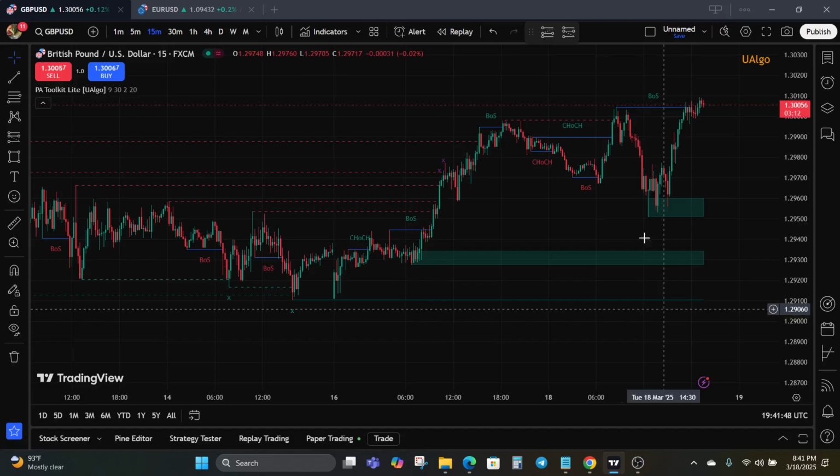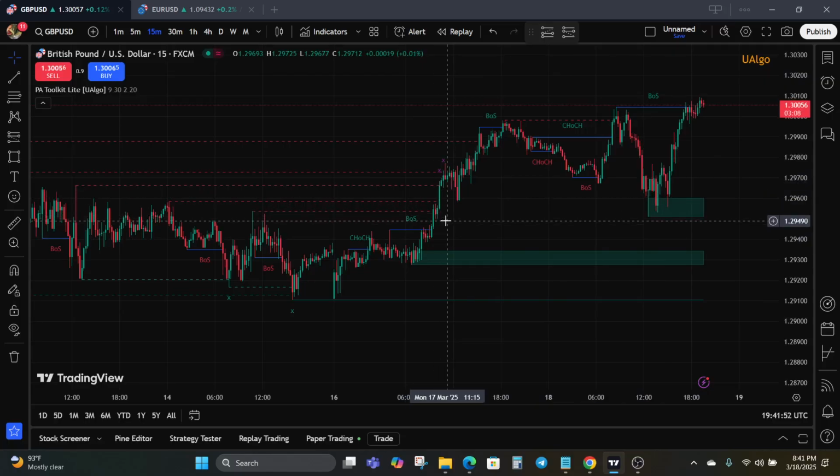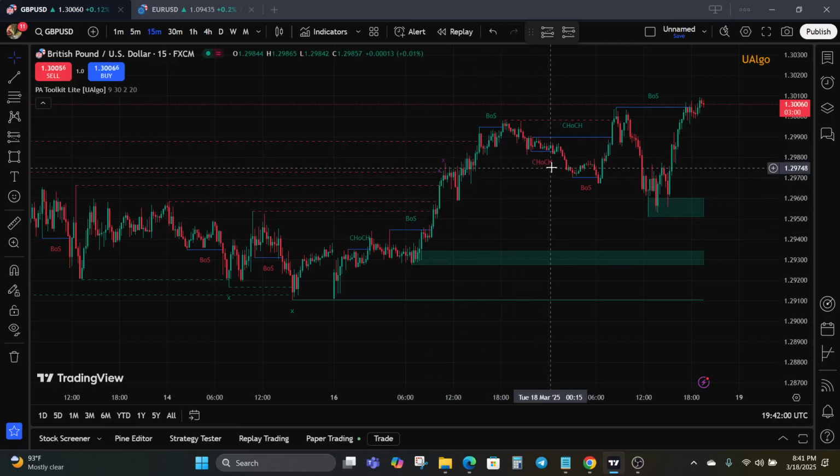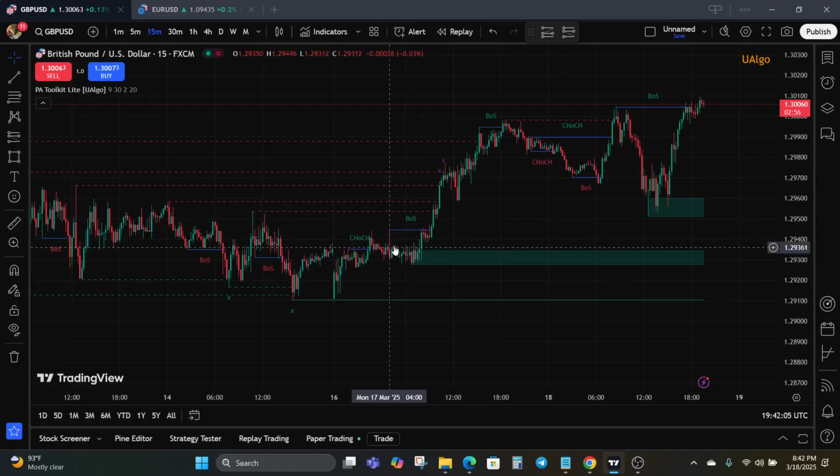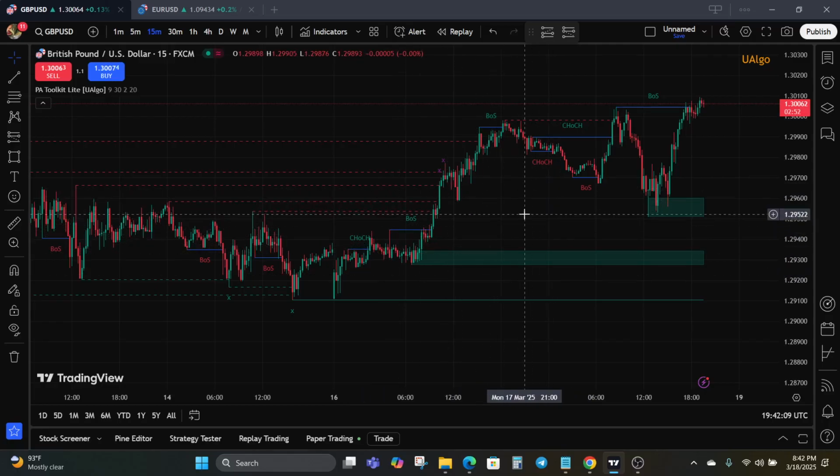As you can see for yourself, it automatically plots break of structure, that is BOS, and change of character, the CHOCH. So it automatically plots the BOS and the CHOCH signals on the chart, and it helps you to analyze market trends and reversals with ease.